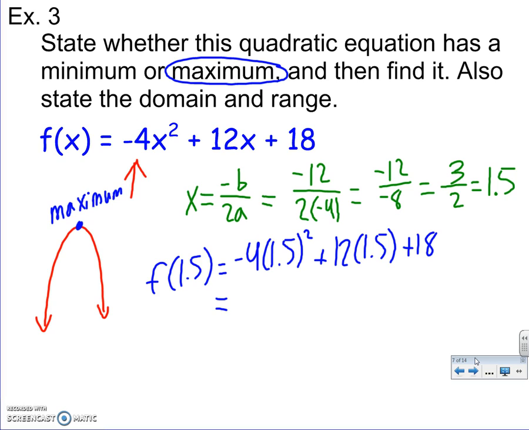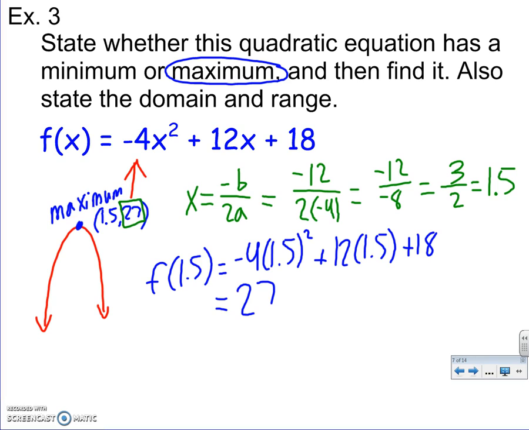So negative 4 times 1.5 squared plus 12 times 1.5 plus 18, I get the answer 27. So I know this vertex top is a coordinate 1.5 for x, 27 for y. So the maximum is 27.